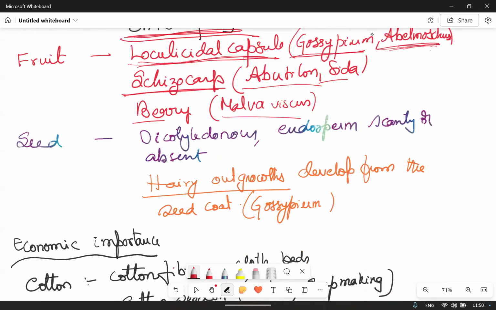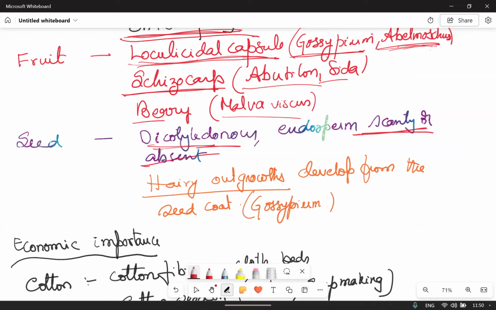And what about the seed? This is a dicotyledonous seed, meaning two cotyledons are present. Endospermic or non-endospermic? We have studied already that in dicots, endosperm is completely utilized, but some exceptional cases are there. In Malvaceae, endosperm is scanty or absent.